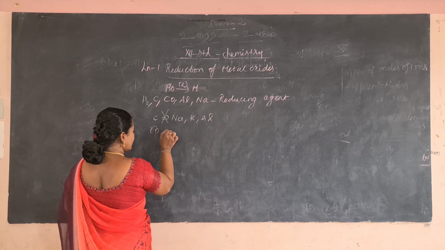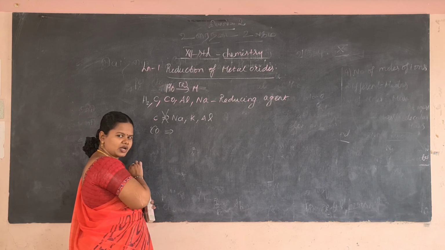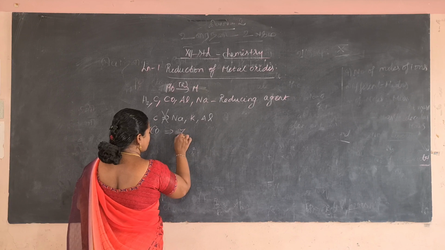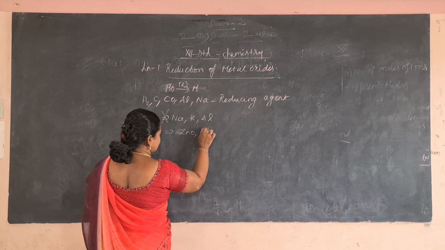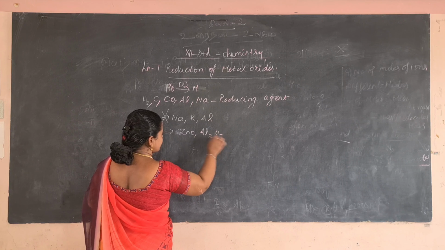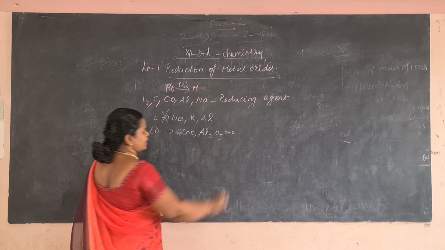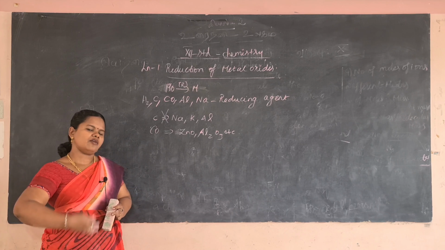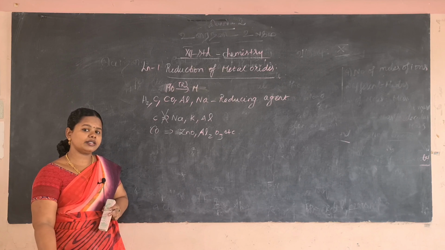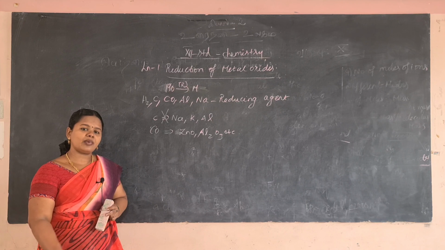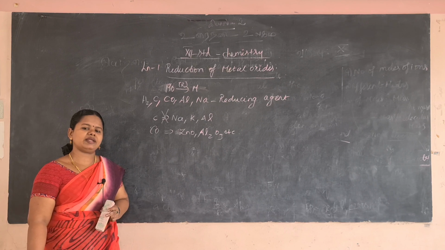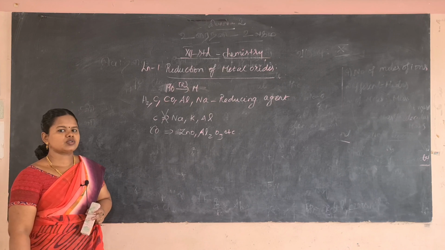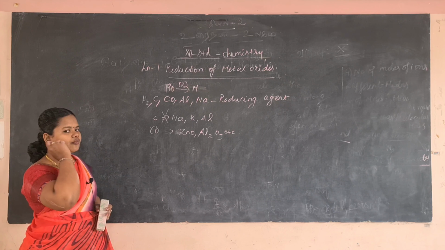And carbon monoxide cannot be used as a reducing agent for some of the metal oxides like zinc oxide, alumina, etc. Here how will we select this reducing agent? Later, after this concept, we'll learn the Ellingham diagram, and by applying the Ellingham diagram we can select the suitable reducing agent for that reaction. So this is about the reduction of metal oxide.